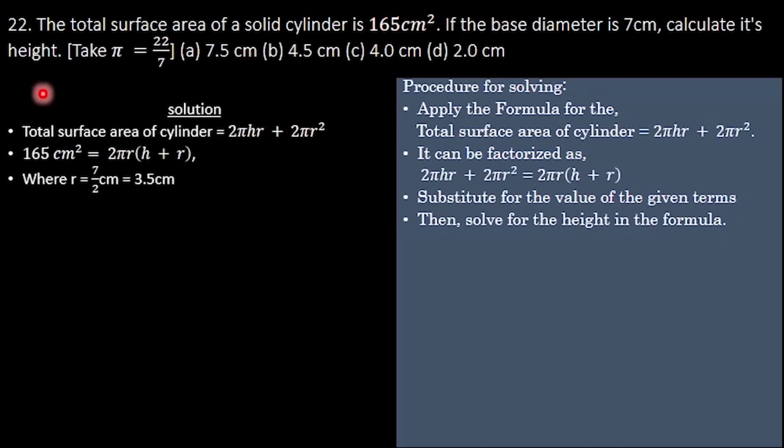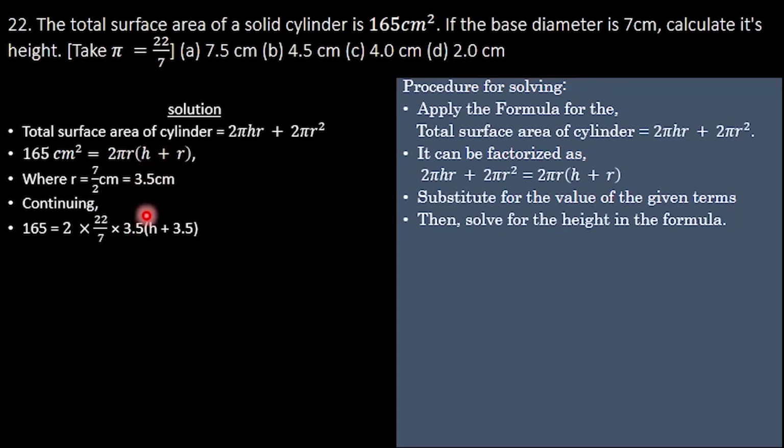Now this is equal to 2 pi r open the bracket height plus radius close the bracket, where radius equals diameter divided by 2. Therefore our radius now is equal to 3.5 cm. 165 equals 2 times, they said we should take our pi to be 22 over 7, times our radius, which is 3.5 cm.